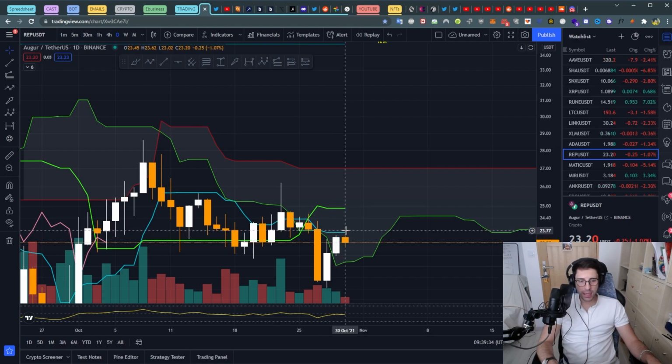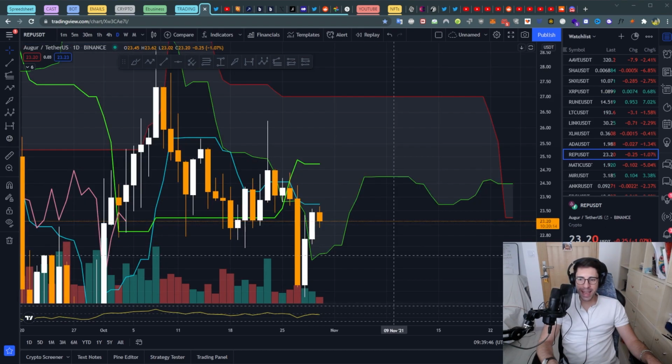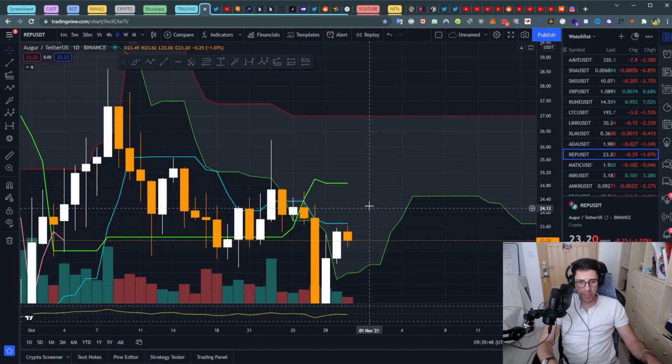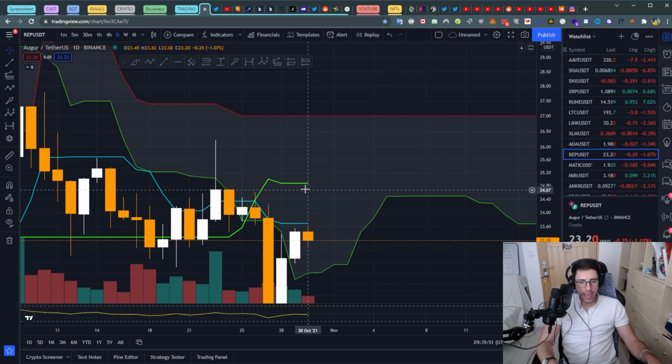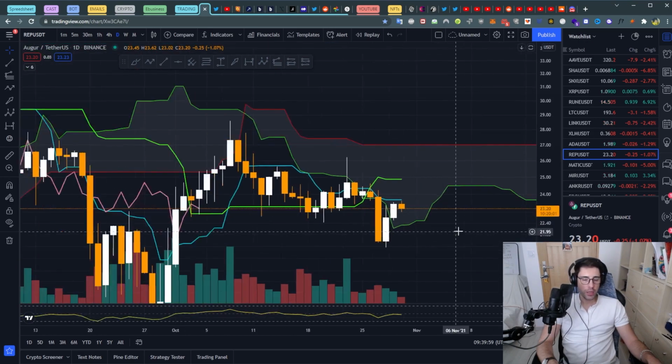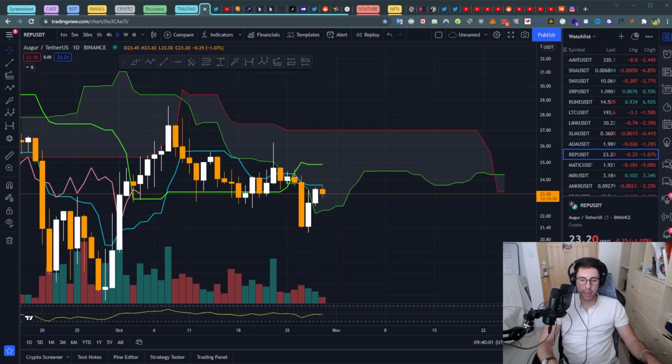Once I'm above the Tenkan, I take a long position all the way up to 24.90. Then I raise up my stop loss, because I will look into a 4 hours time frame, and I raise it in case we push above here, like a trailing stop you use on futures options. So yeah, that's it for REP, and I'm going to move toward ANKR.